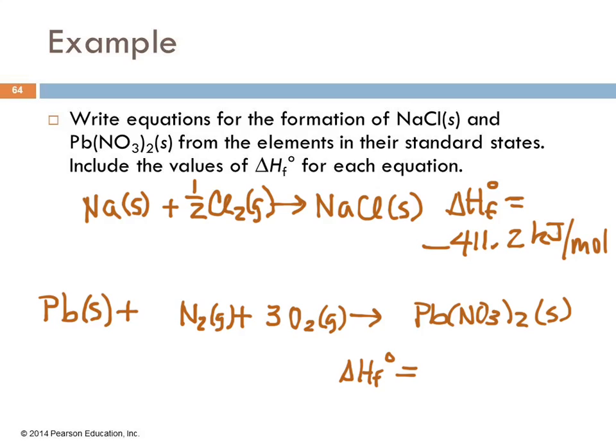So we look under lead, and we have lead nitrate, lead 2 nitrate solid, and the heat of formation, standard heat of formation is minus 451.9 kilojoules per mole. Any questions?